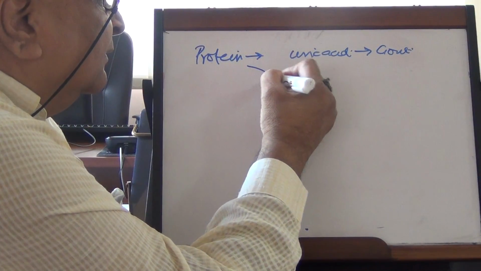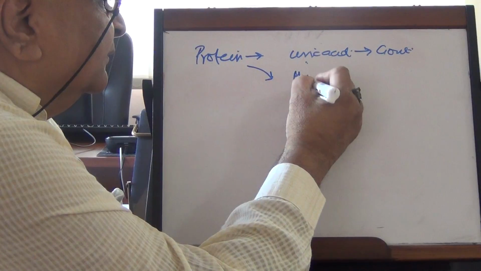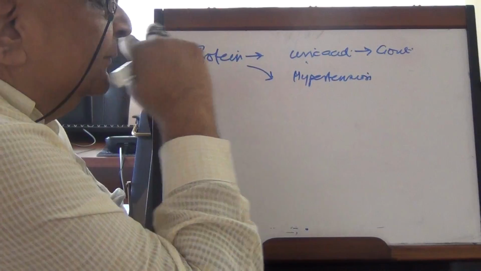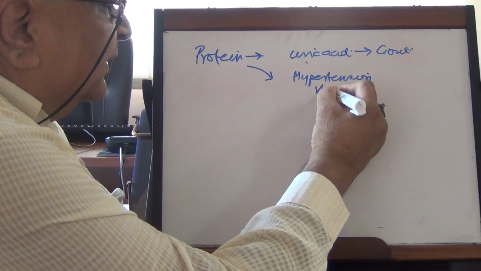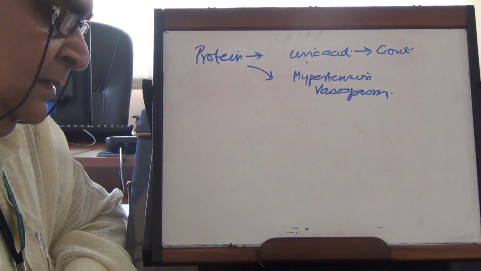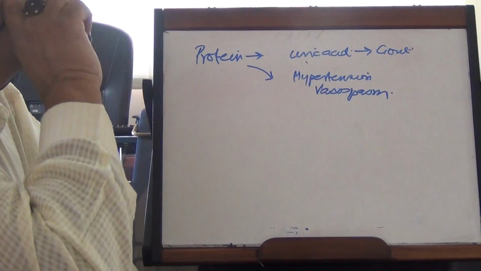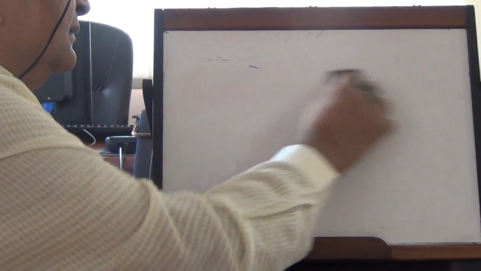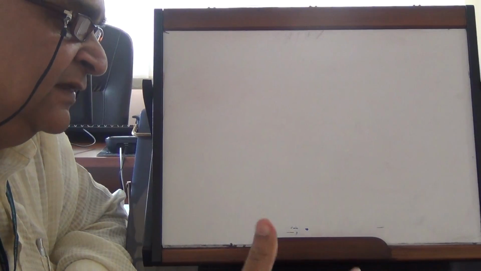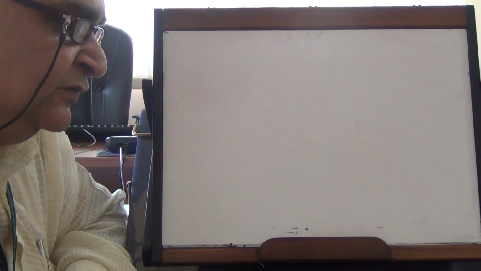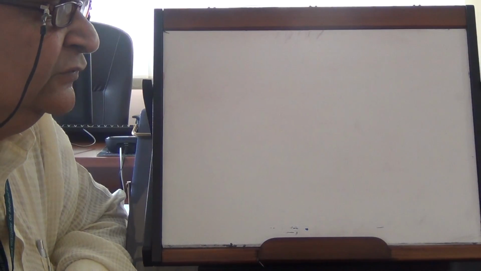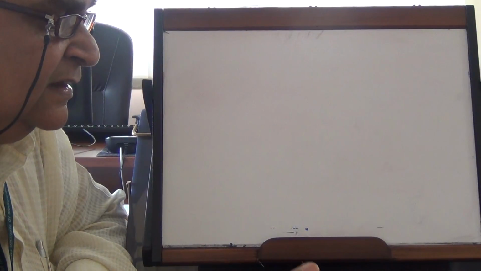There is another product which can cause hypertension because it causes vasospasm. So carbohydrate, protein and fat are basically absorbed from the portal venous system, either stored or converted into usable forms which are used for cell function.